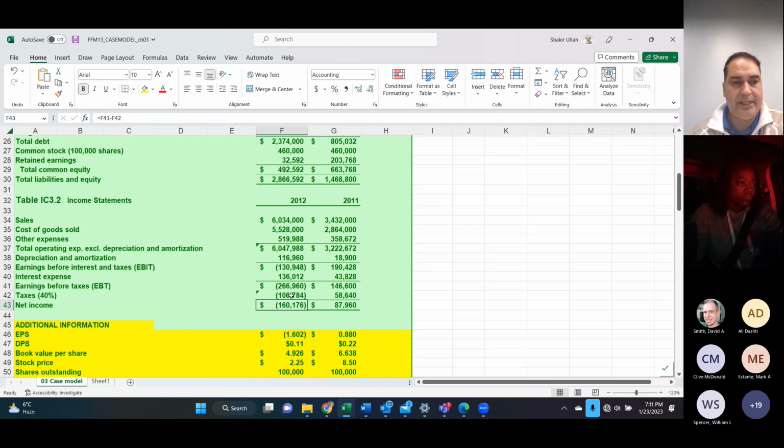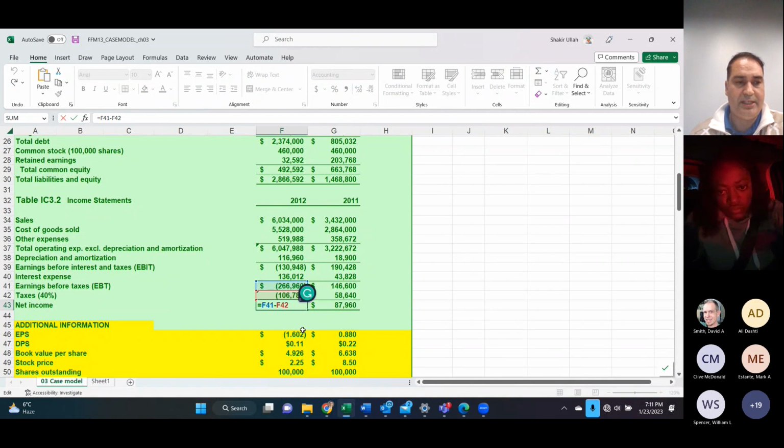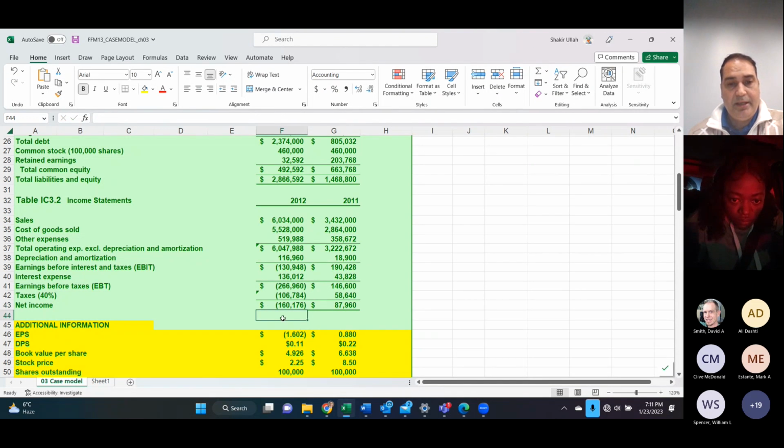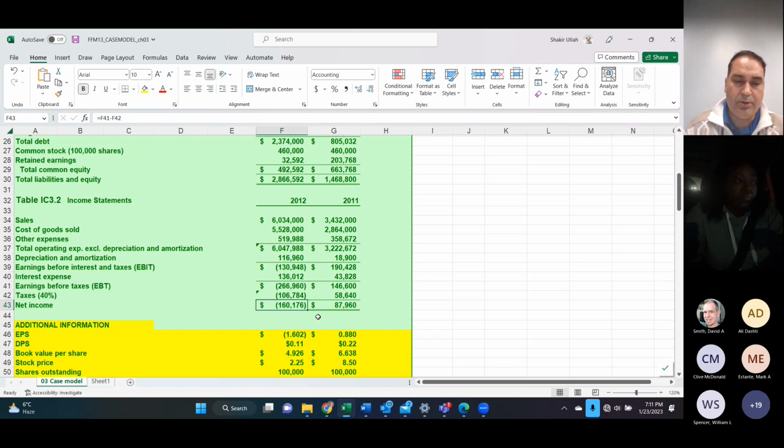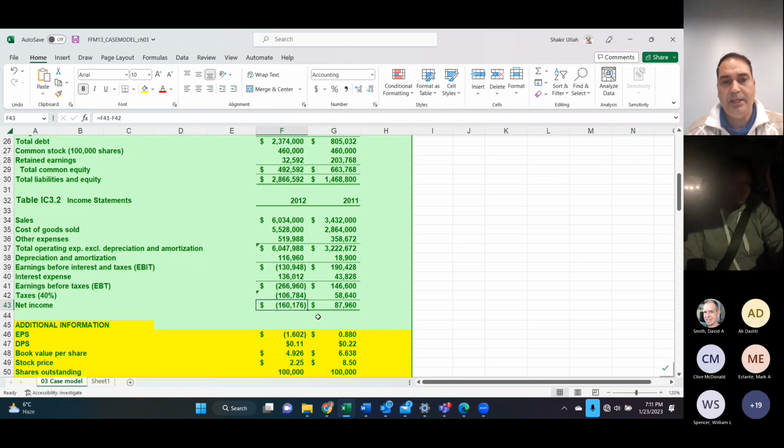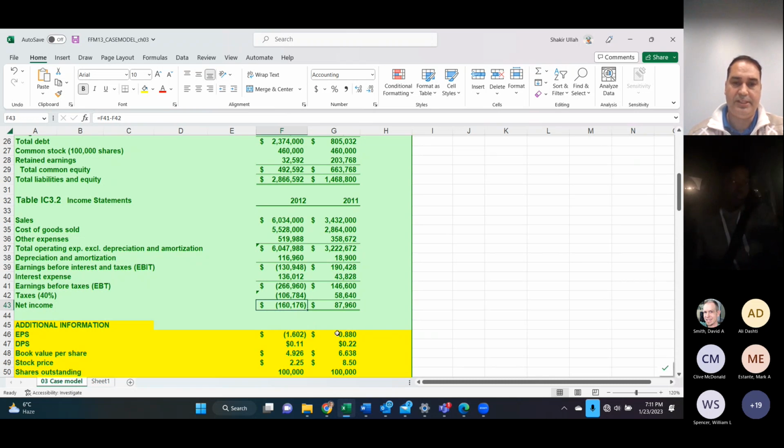We get the tax expense, and then the net income would be the EBT minus the taxes. That net income goes to the shareholders' equity. Now, if it is paid out as dividend, it goes out. If it is not paid, it is added to the retained earnings.